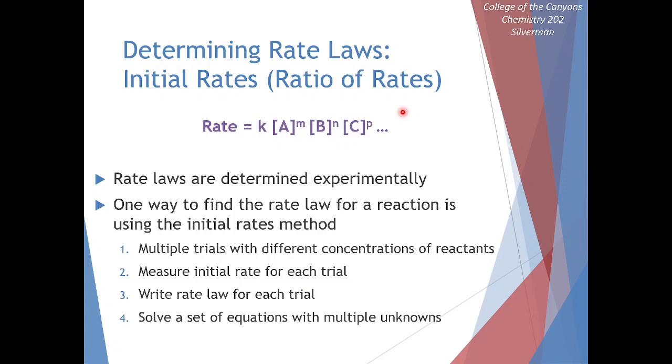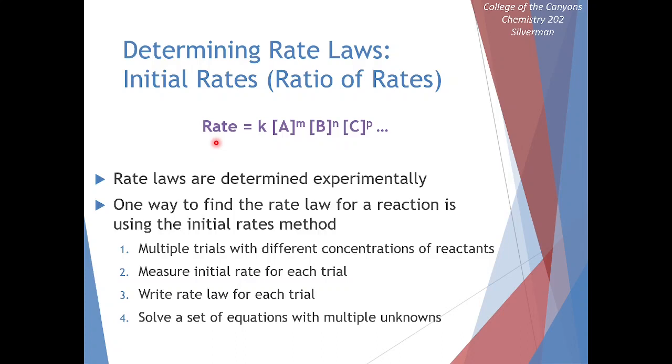In this method, we are going to measure the reaction rate. We talked about this in our previous video. We can measure reaction rates by measuring change in concentration over time, maybe using spectroscopy, maybe by measuring mass, maybe by measuring polarizability of light. Any method that we have of measuring the reaction rate will allow us to do this method.